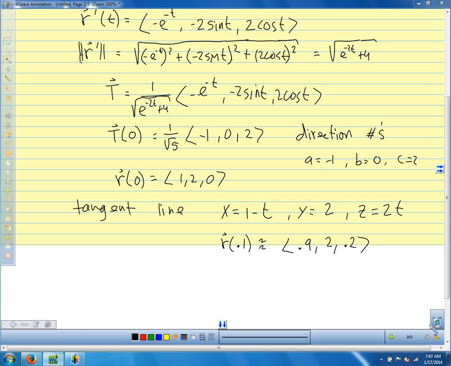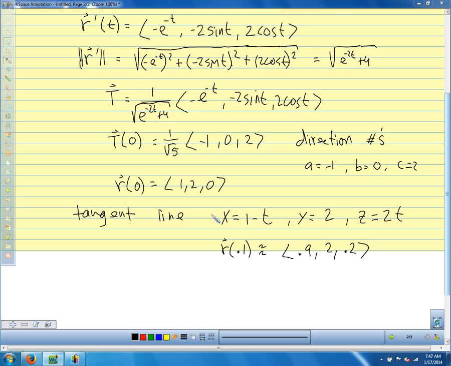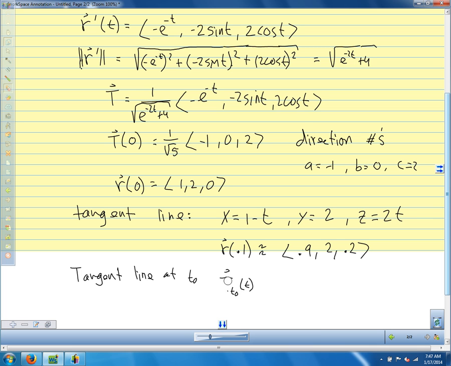Now if we look back here, I just want to point this out. If we look back at our equation for our tangent line, our parametric equations for our tangent line, we could also write, and we talked briefly about the vector equation of our line, that our tangent line at t0, and let me not use t, let me use L, since my unit tangent vector is t.